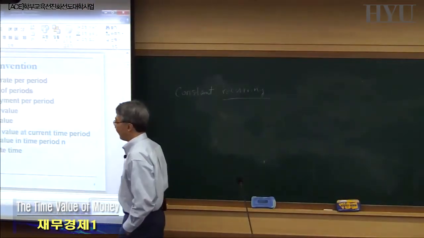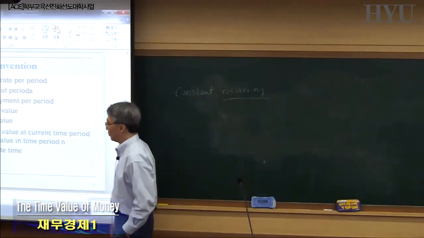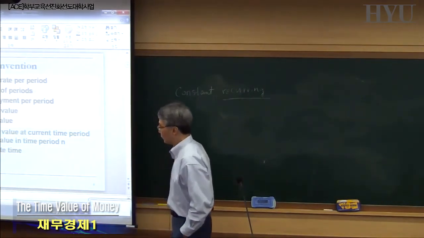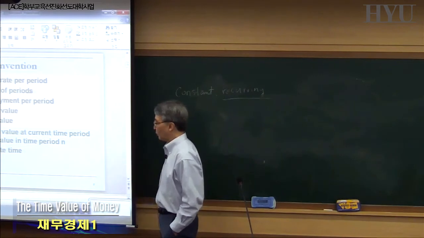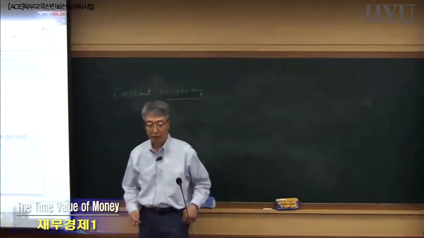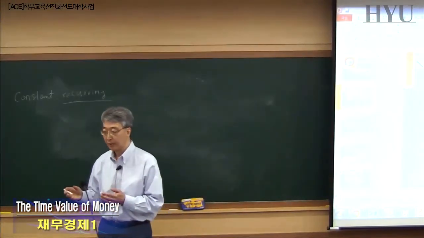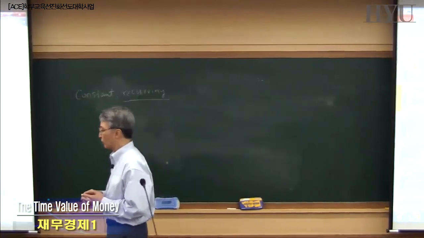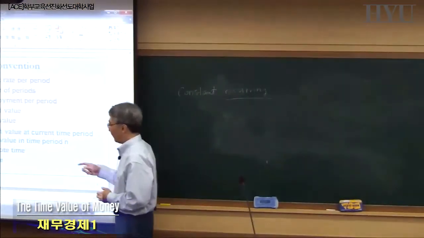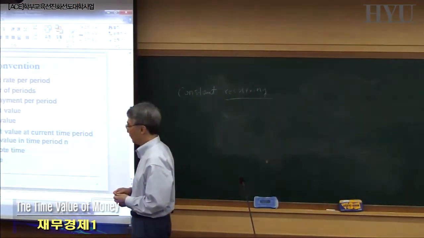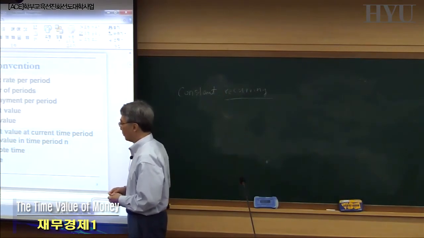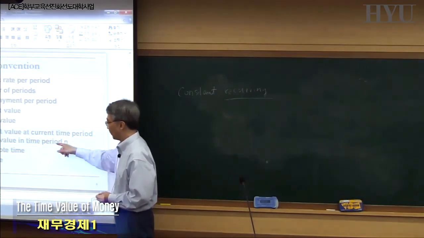PV stands for present value. FV stands for future value. If you say PV 0, that typically denotes the first period or starting period, when you start out today. What's the present value as of today? FVN is the future value at the nth period, or time period n.